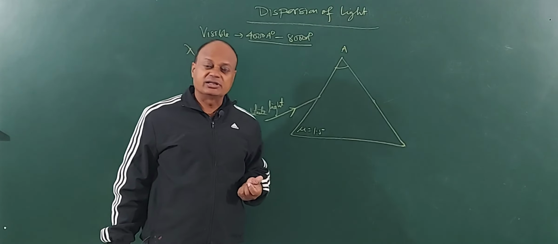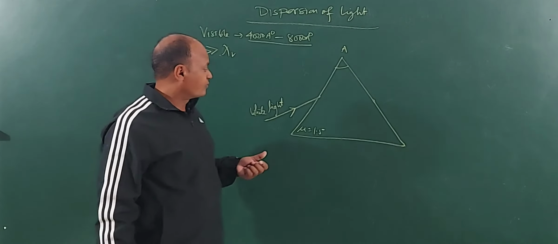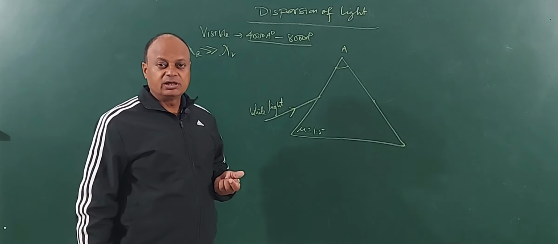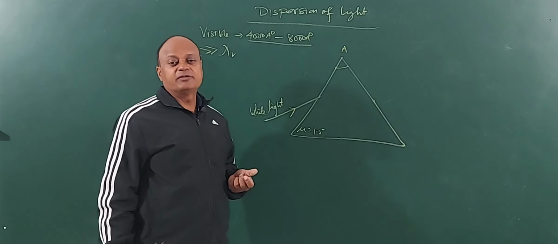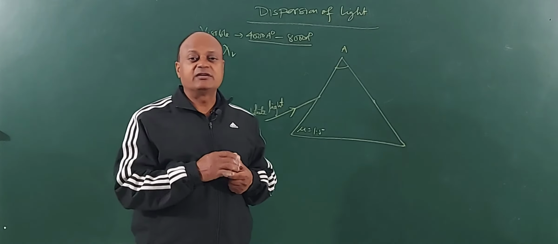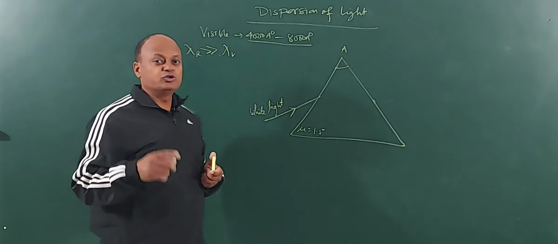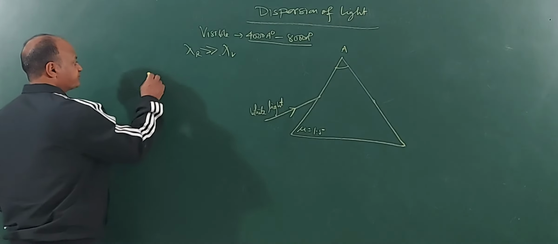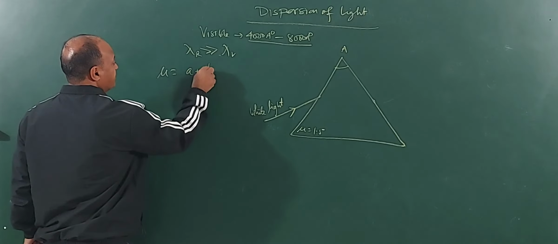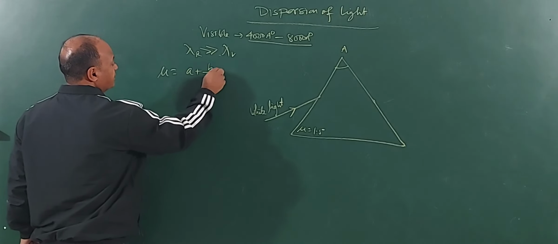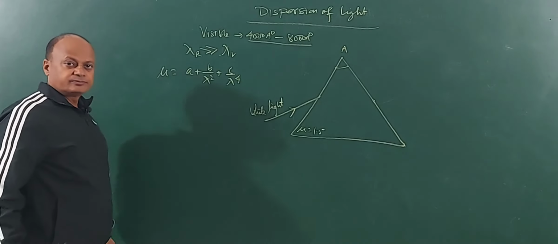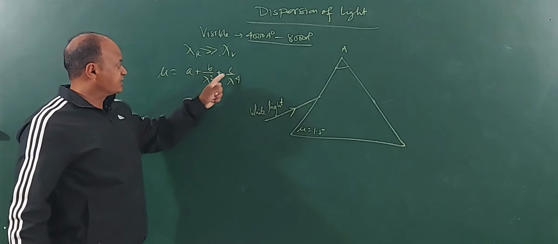Cauchy gave a relation between the refractive index of the material of a prism and the wavelength of light used. Remember that refractive index of the material of a prism depends upon the wavelength of the light used, and the relation is mu is equal to A plus B by lambda square plus C by lambda to the power 4, where A, B and C are constants and lambda is the wavelength.